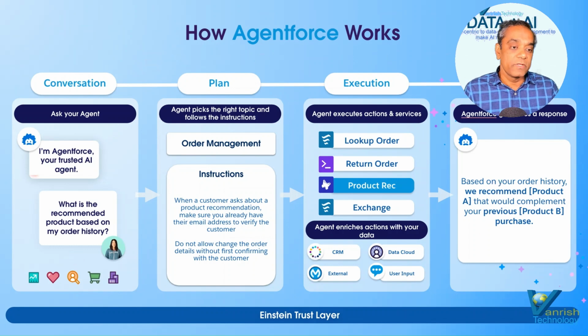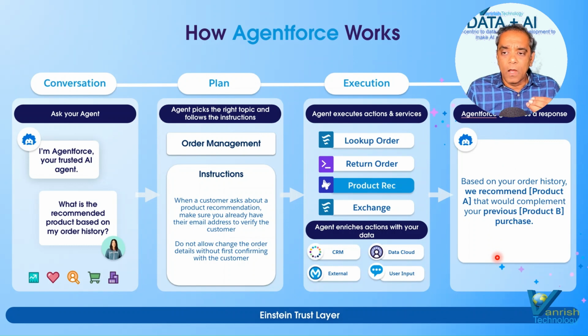And everything behind the scenes is the Atlas reasoning engine, and everything is protected by the guardrail, which is called the Einstein trust layer. So basically, agents understand natural language queries, based on predefined topics and actions. On behalf of your AI agent, it first takes the action over here, and then gives the response to your user.